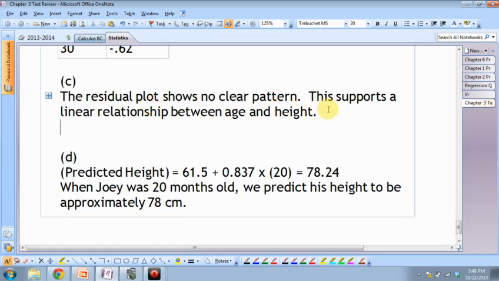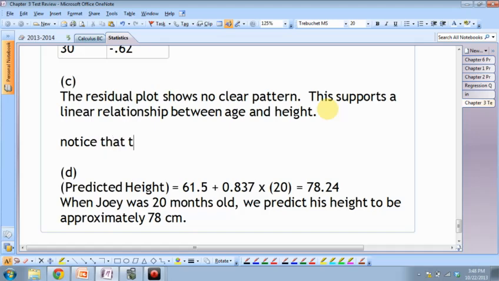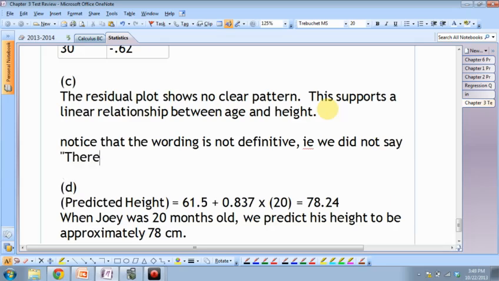Notice that the wording is not definitive, i.e., we did not say there is a linear relationship. And there's good reasoning for that. We have no idea if the linear relationship really exists.